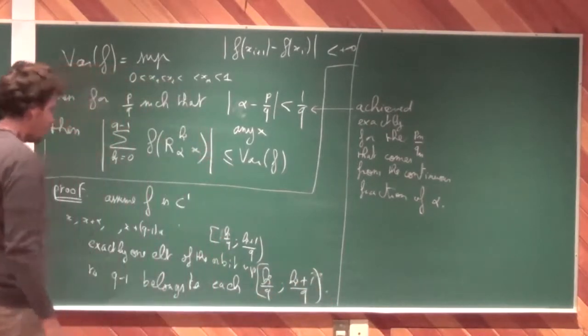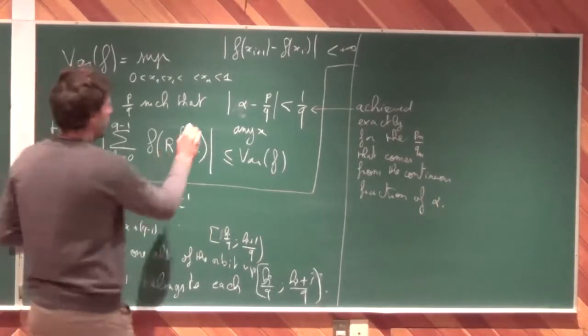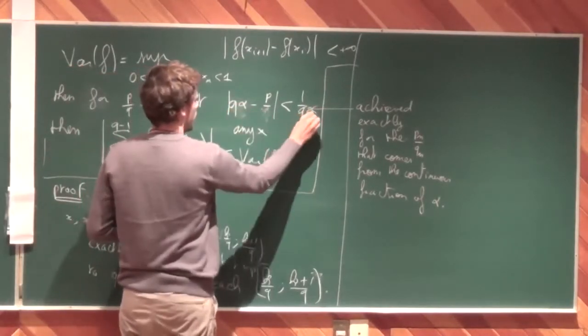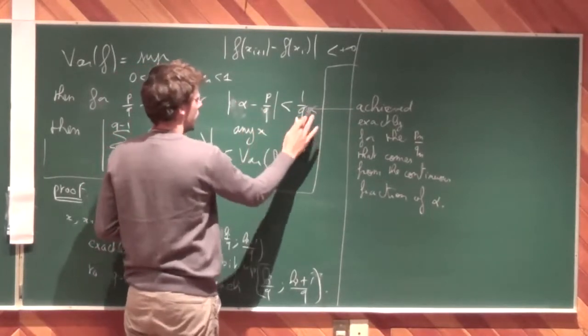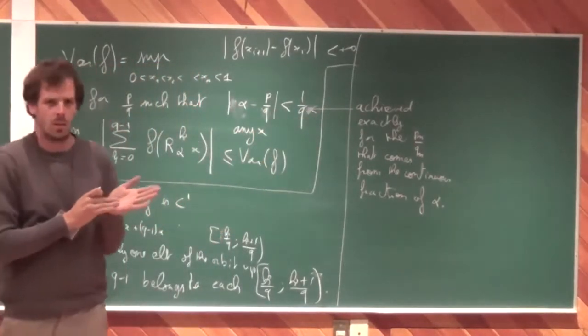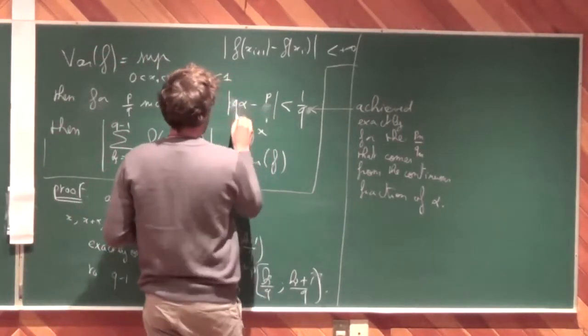Was that in the inequality for alpha minus p over q, is it 1 over q squared? No, it's 1 over q squared when you write it like that. If you multiply out by q, then you get 1. Right, it's 1 over q. This is what I want.